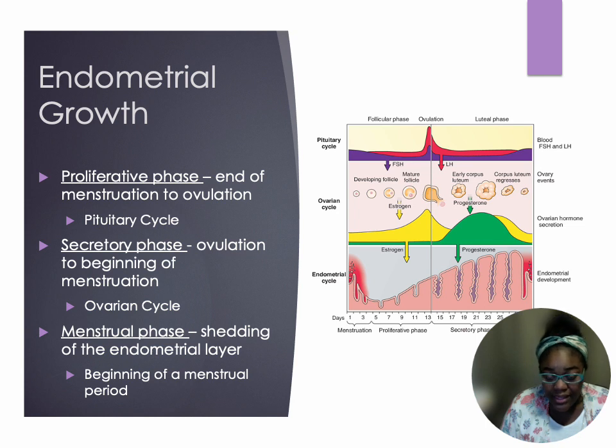We have the egg that's migrating to the uterus, and the uterus is at the same time thickening, which will hopefully sustain that pregnancy. But if it does not, then that's when we see a decrease, and we'll move on to the next phase. So the next phase is the secretory phase.